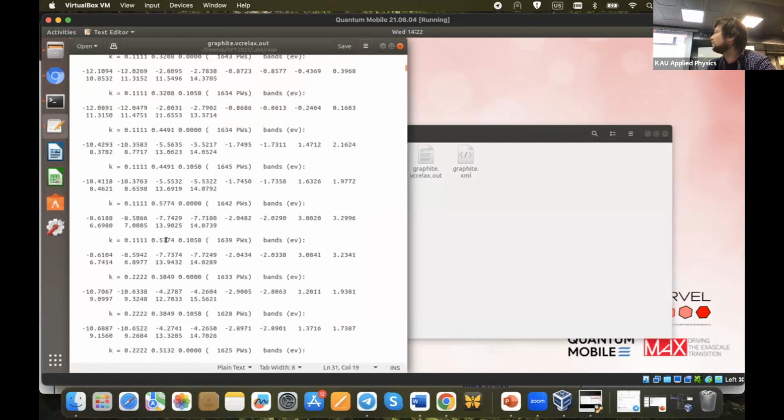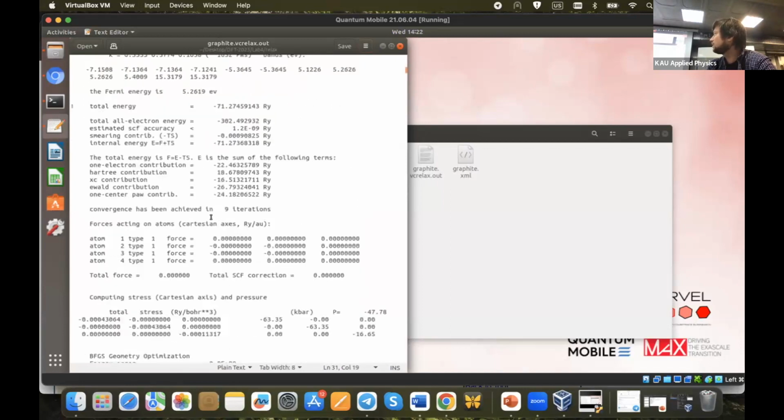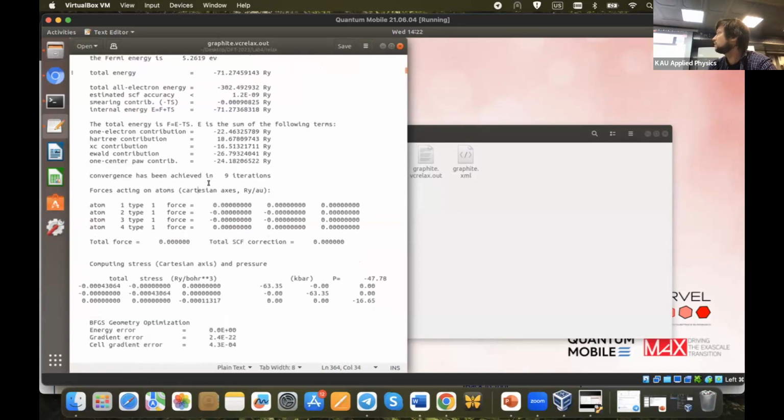We saw all these things: key points, energy bands, this output, Fermi energy, total energy. But what new do we have? We have this thing I showed you in the presentation. We have information about forces.